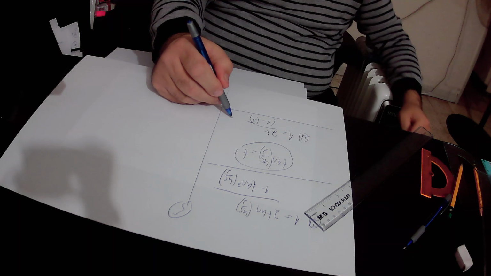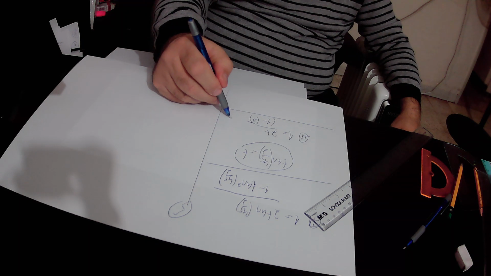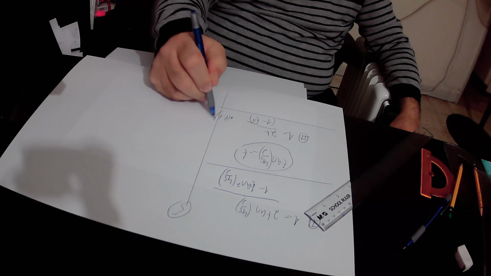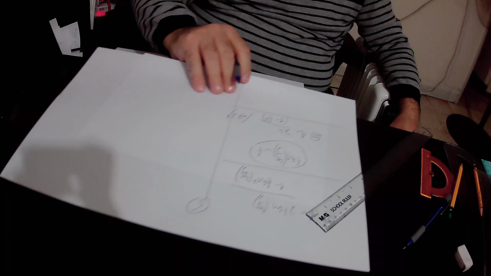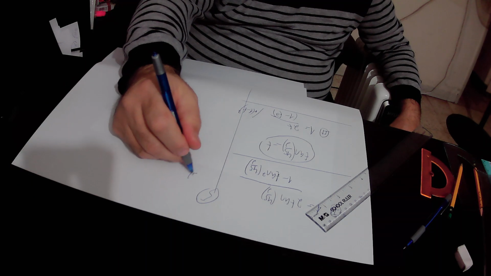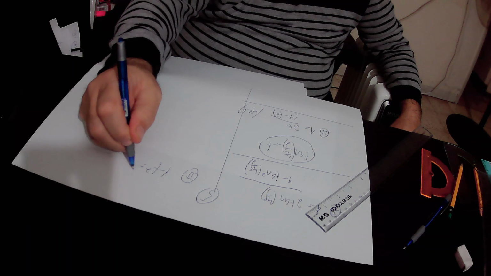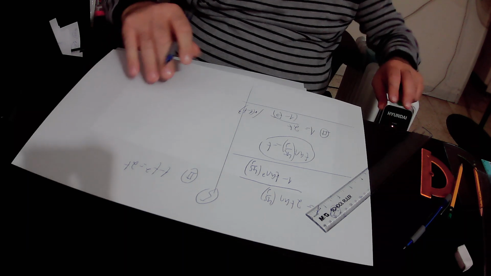Here we multiply this equation number 2 by 1 minus t squared, and we get that according to equation number 2, 1 minus t squared equals 2t.